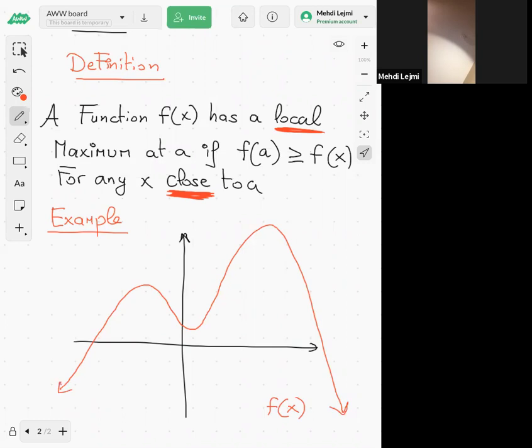The arrows mean that the graph actually continues, it doesn't stop, it goes all the way down. Now, do we have a global maximum?